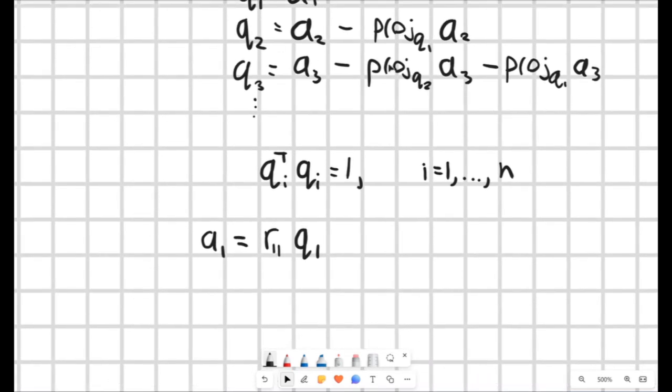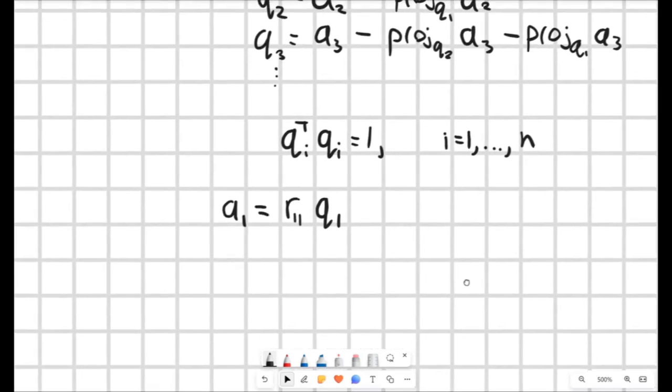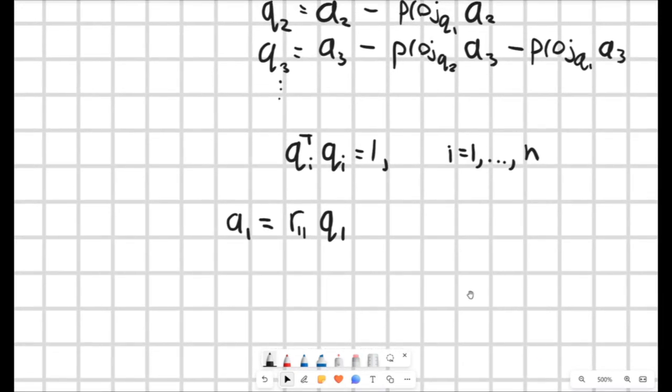So that means that A2 is equal to some kind of constant, which is going to be an R12, multiplied by Q1 plus another constant, which I'll write as an R22 multiplied by the vector Q2.